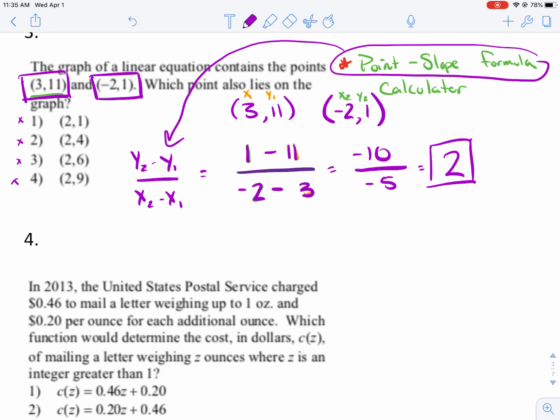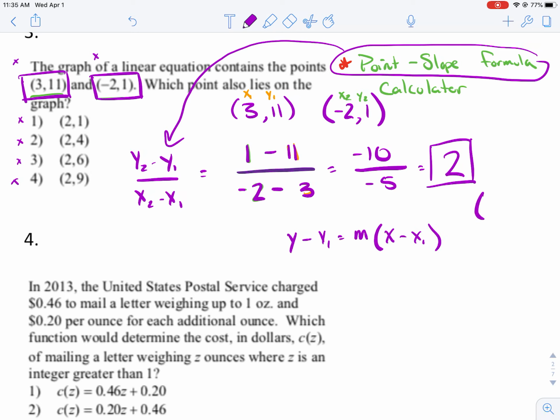So now, what we just found is the slope of our equation. But we're still not done here yet. Okay, so now we've got to take one of these points and set up an equation. I'm going to choose the 3 and the 11 because they're both positive. We're going to stick with some nice positive numbers here.